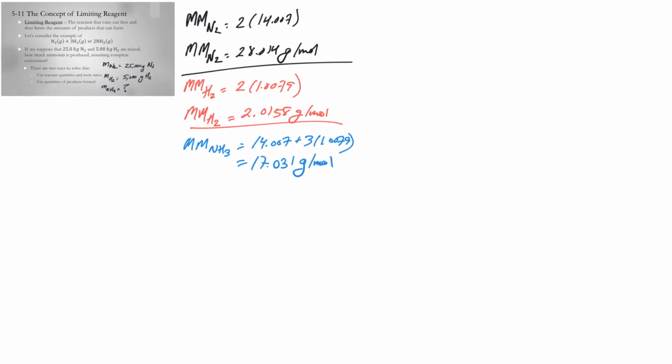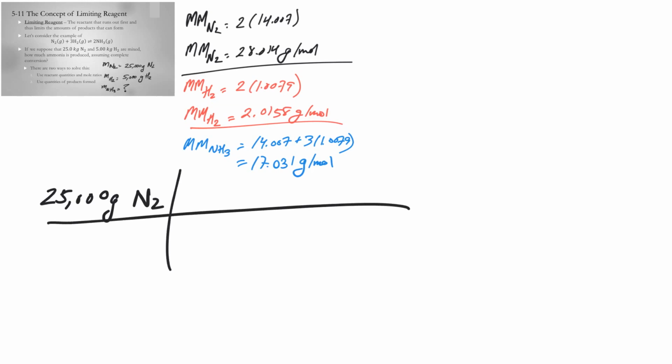Okay. So what I know is I have the mass of nitrogen, 25,000 grams of nitrogen. I have to always divide by its molar mass to get it to moles. So I'm going to divide by 28.014 grams of nitrogen per mole of nitrogen.